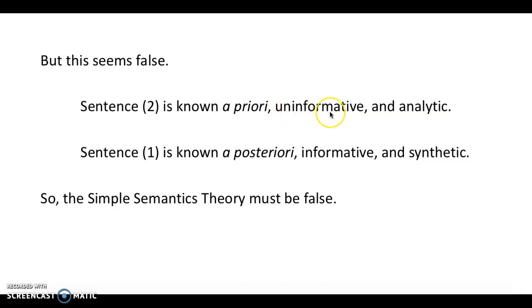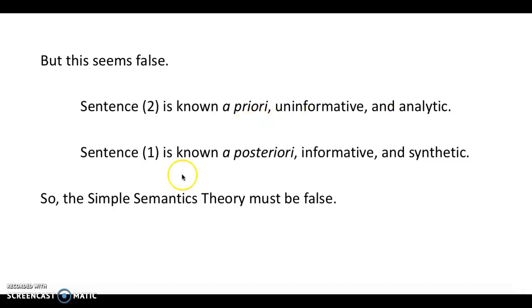And it also seems to be analytically true, meaning if there is such a thing as the morning star, then that's going to be true no matter what, because everything is identical to itself and to nothing else. So sentence number 2, the morning star is the morning star, is known a priori or intuitively true. It's not an informative sentence. And if it's true, it seems to be analytically true or always true, just in virtue of the meaning of the words.